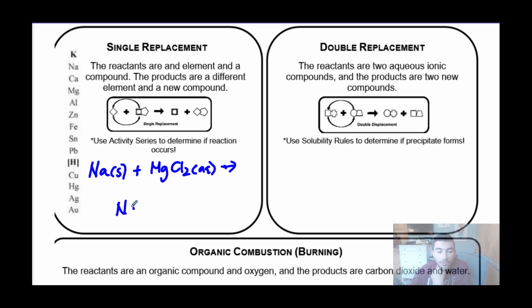So we're going to get the new compound to be sodium chloride, and the lone element now is magnesium. And then we balance the reaction to conserve mass.